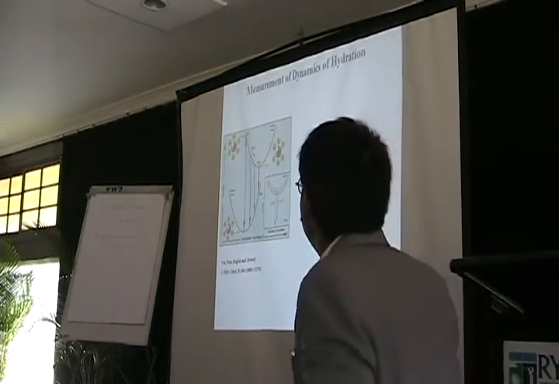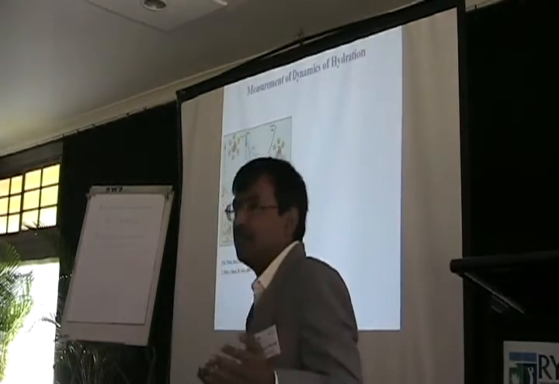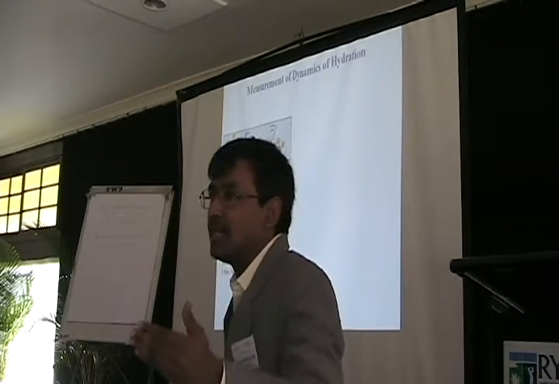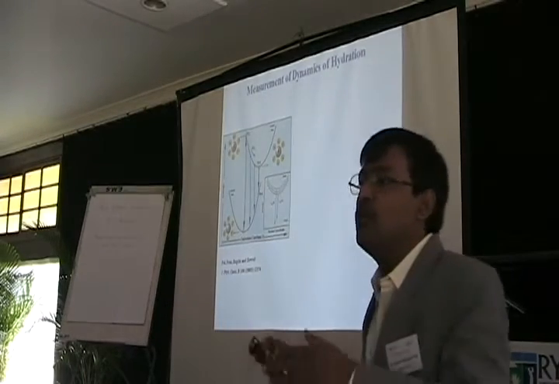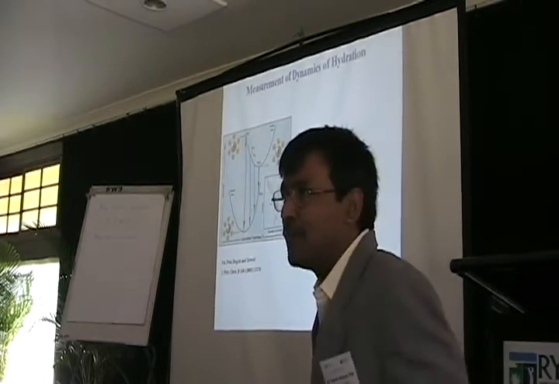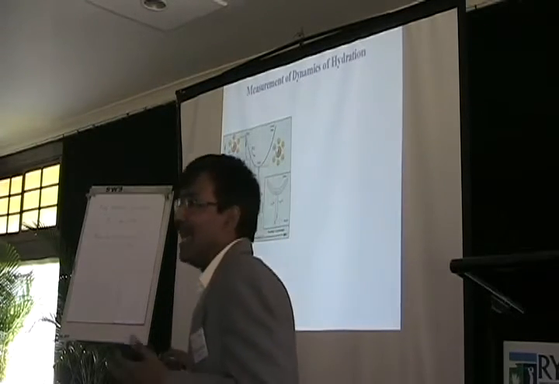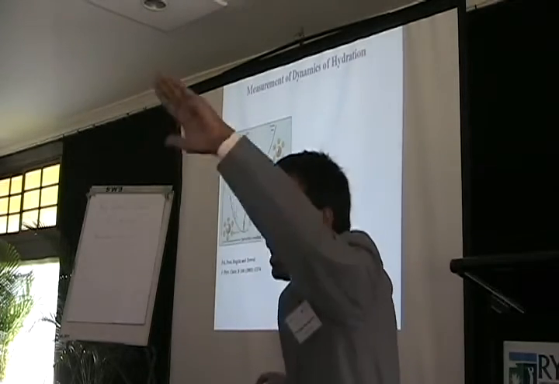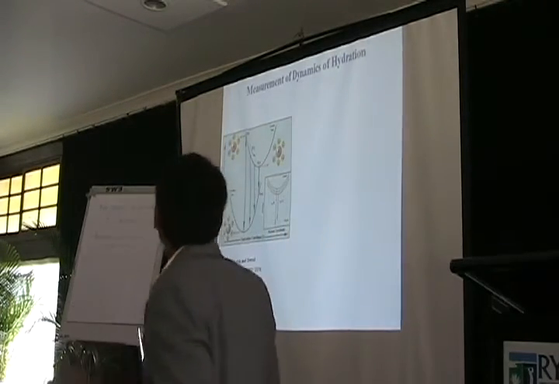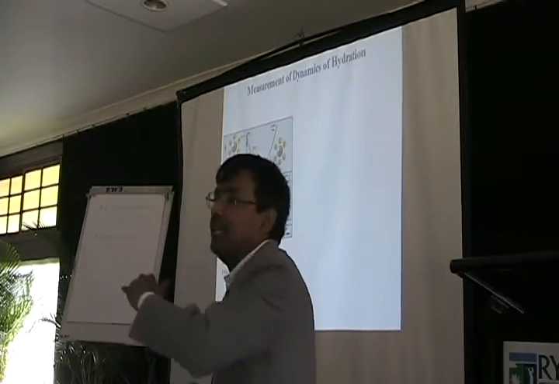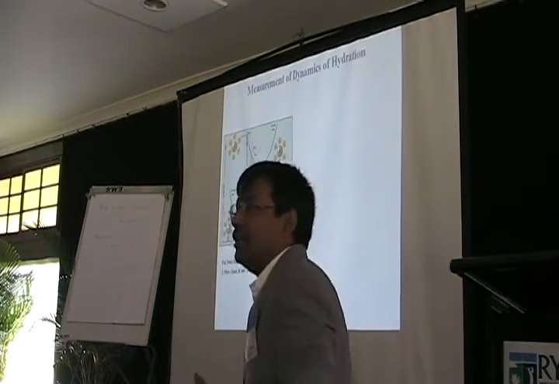Then it will try to come to equilibrium. If you consider a full spectrum, this end will give you the high energy side and this end the low energy side. Consider that this is the blue end and this is the red end. As a consequence, in a time-resolved spectrum you will get a decay at the blue end, because all the population is going to equilibrium, and a rise at the red end.